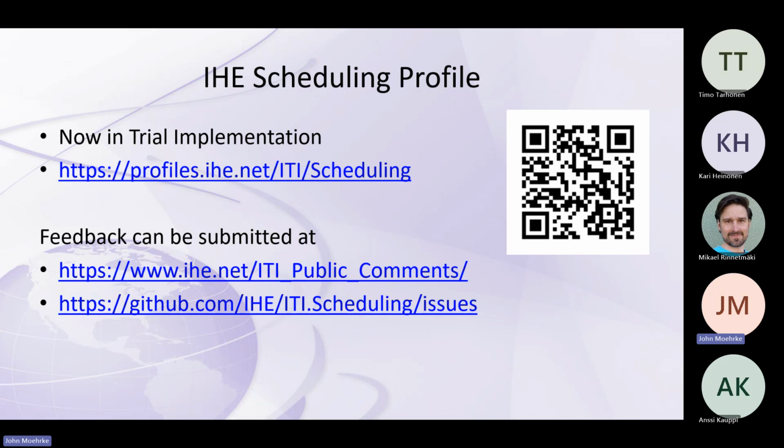We do not add the word mobile to all implementation guides. We only add the word mobile to implementation guides that are being reevaluated. The use cases are being reevaluated in light of FHIR. So in this case, the scheduling profile comes to us as a set of use cases. We select the best standard, which in this case was FHIR.